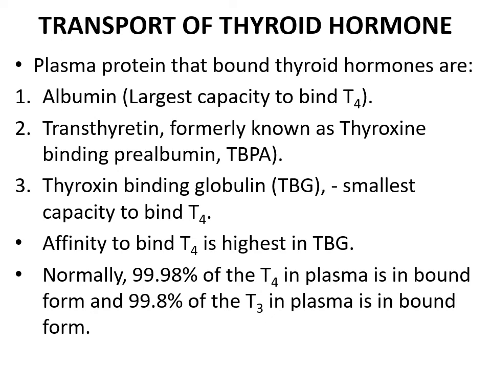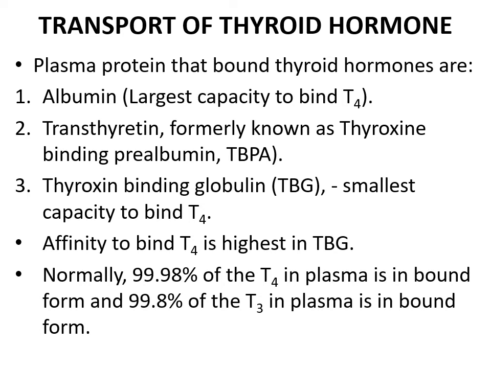The plasma proteins that bind thyroid hormones are albumin, a prealbumin called transthyretin, formerly called thyroxine binding prealbumin, and a globulin, thyroxine binding globulin or TBG.